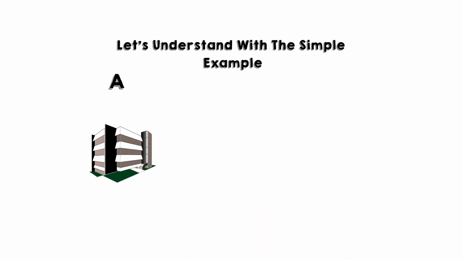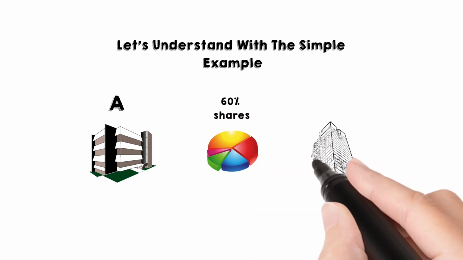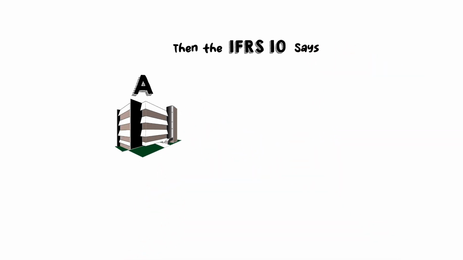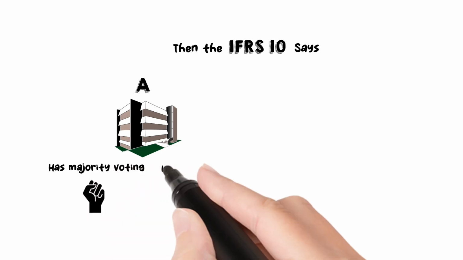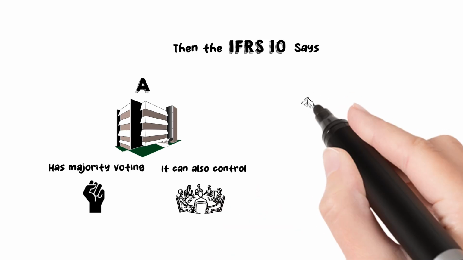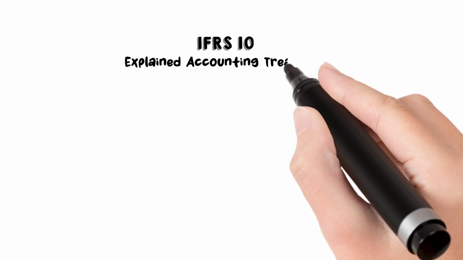Let's understand with a simple example. Suppose Company A owns 60% shares of Company B. Then IFRS 10 says, since Company A has majority voting power, it can also control decisions, meaning power. Company B becomes a subsidiary of Company A. IFRS 10 explains the accounting treatment.